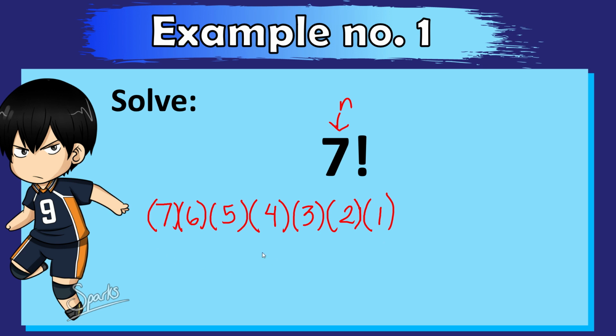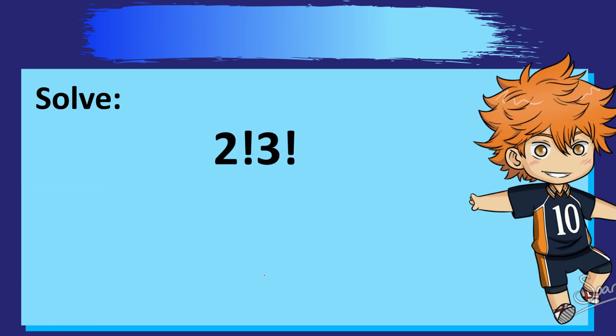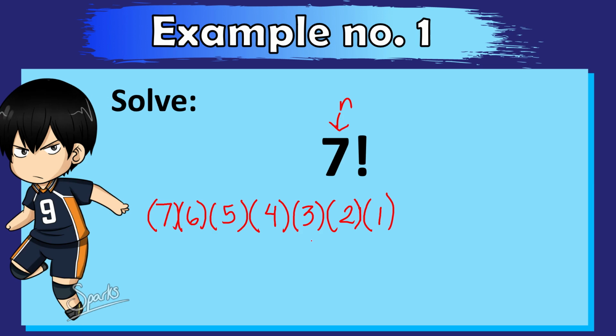So, we will have 7 times 6 times 5 times 4 times 3 times 2 times 1. So, that is equal to, okay, so that is equal to again 5,040. Again, kapag sinabi natin factorial or kapag may katabi yung number na exclamation point, that is factorial.